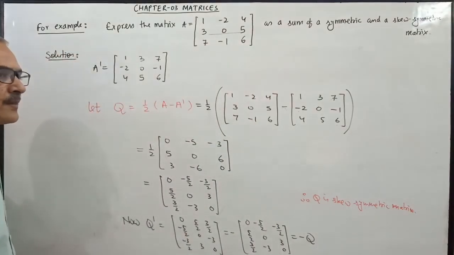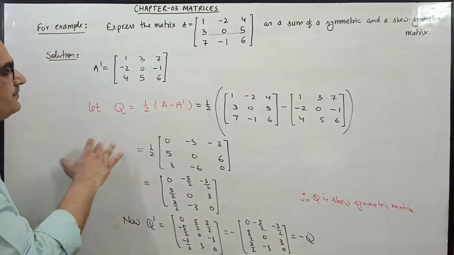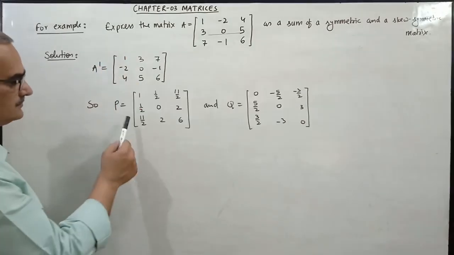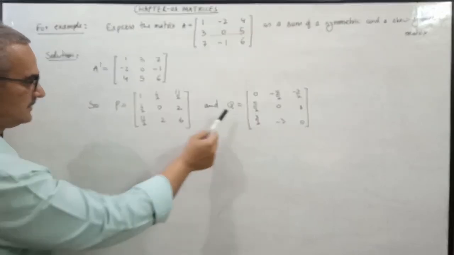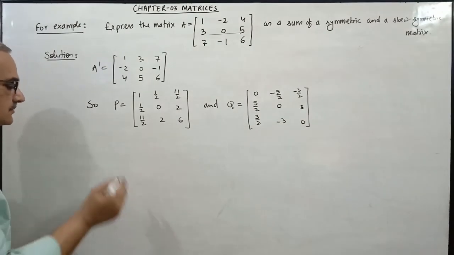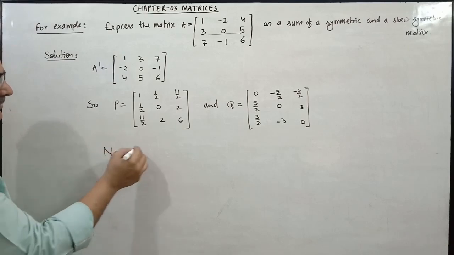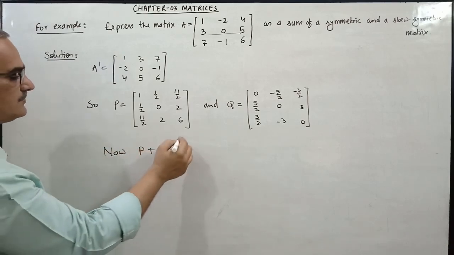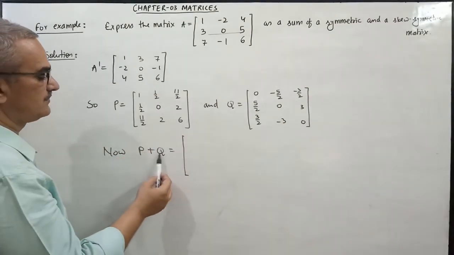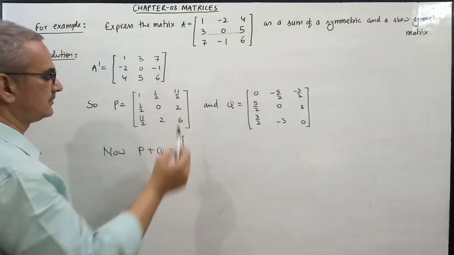Okay. Now we'll check whether the sum of P and Q is equal to A or not in the next step. So we are getting the P matrix, this, and this is the Q matrix, and we have to check it. So now the sum of these two matrices, P plus Q. We have to add them and check whether P plus Q is equal to this matrix A or not.